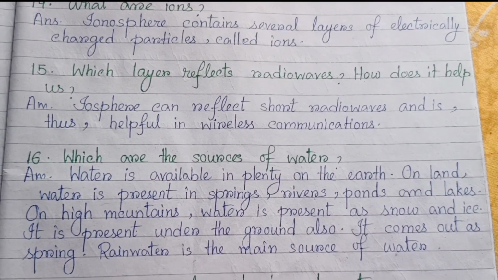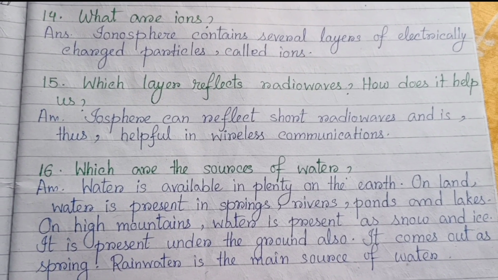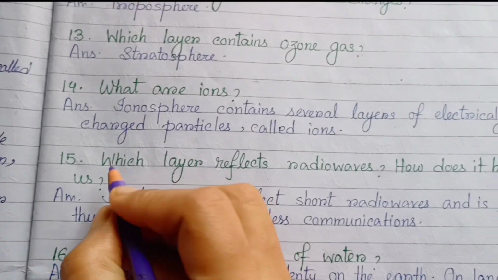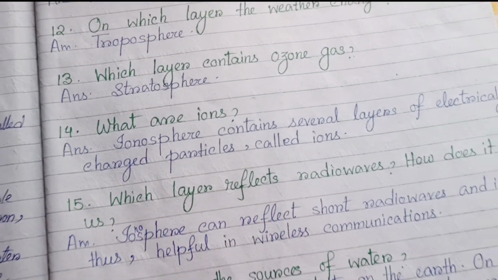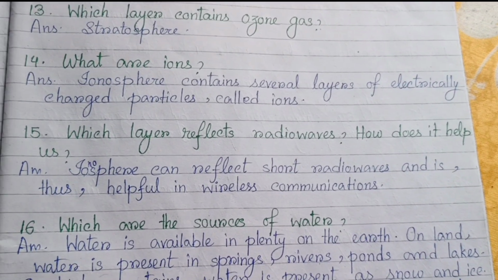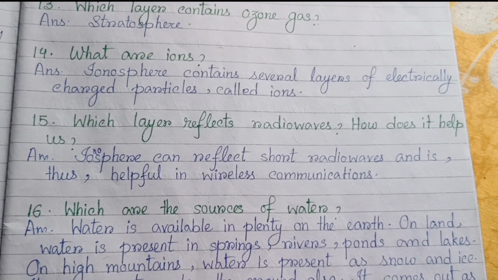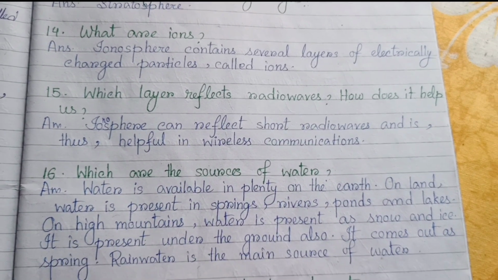Number 15, which layer reflects radio waves? How does it help us? Ionosphere. Ionosphere can reflect short radio waves and is thus helpful in wireless communications.